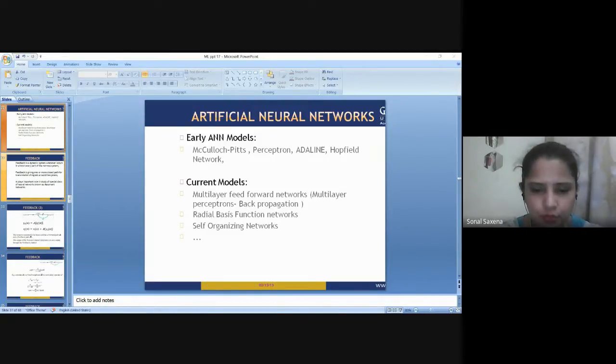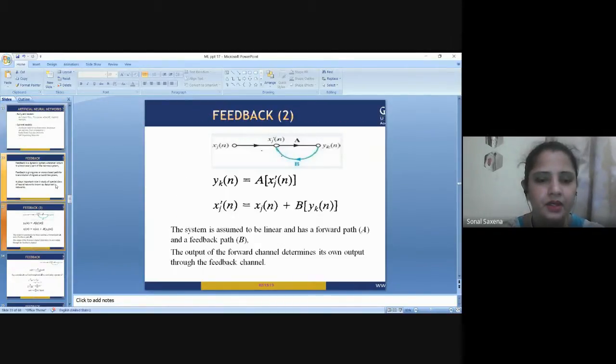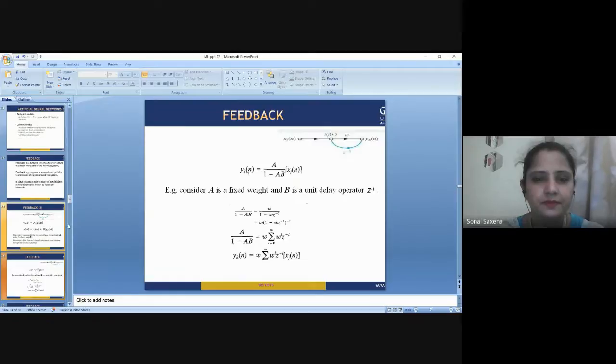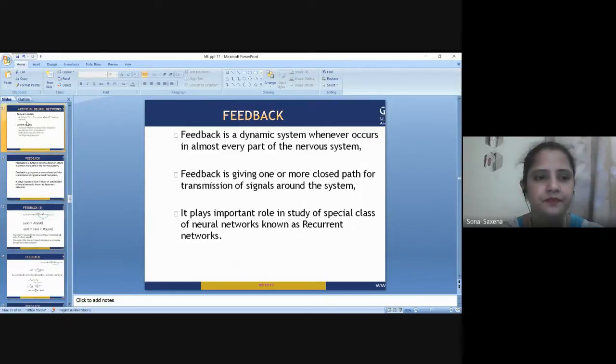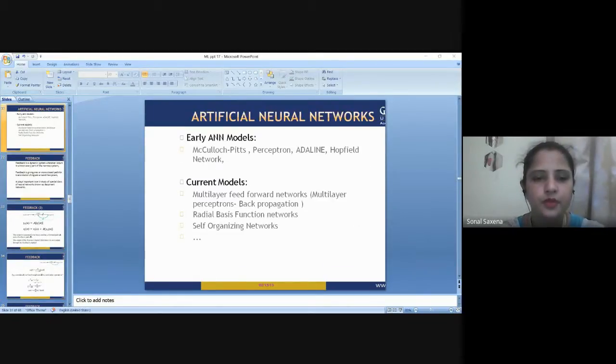I'll just show it to you. Here are the diagrams. Here you can see. So there are many more things to it. So we are going to see the different types of neural networks and their applications in detail. So let us just understand some of the most important types of neural networks and their applications.